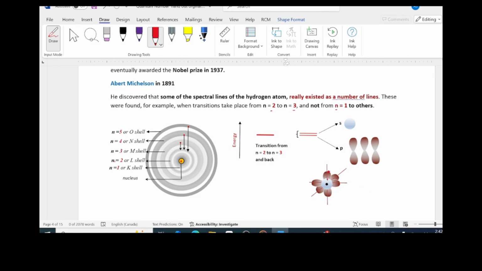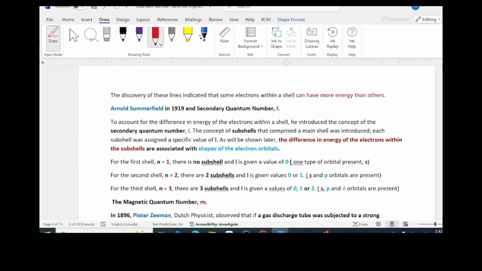To move an electron from an s orbital upwards requires more energy than moving an electron from a p orbital upwards. So when they fall back, they give a different amount of energies, and that is why you're seeing these two lines there.